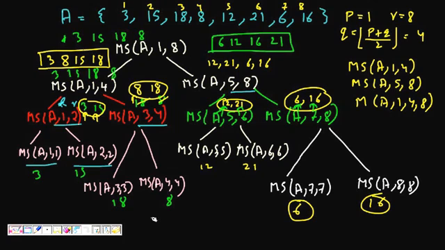We have pointers right now at 3 and 6. 3 is smaller, it is copied, the pointer moves here, and 8 and 6, 6 is smaller, 6 comes here, the pointer moves to 12. 8 and 12, 8 is smaller, 8 comes here. 15 and 12, 12 is smaller, so it is copied. 15 and 16, 15 is smaller. 18 and 16, 16 is smaller, copied.